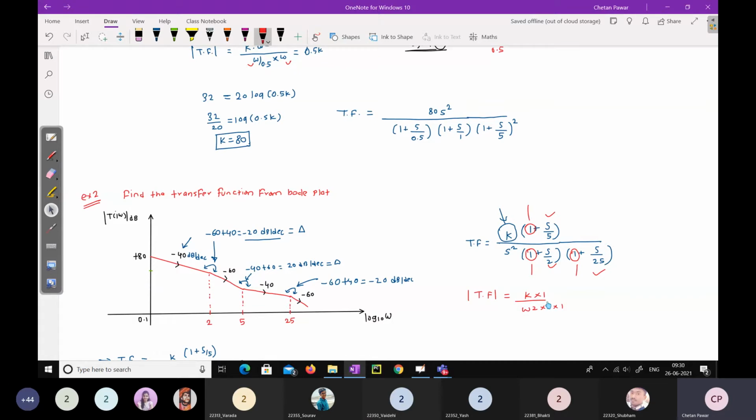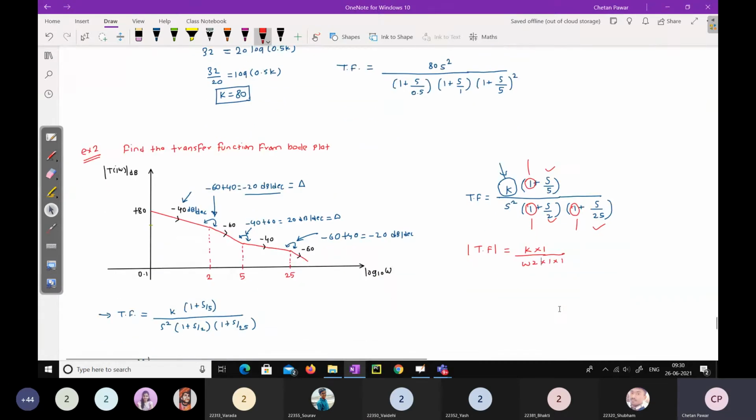If I do it in dB, 20 log of k minus, because omega square is there, that's why 40 log of omega.